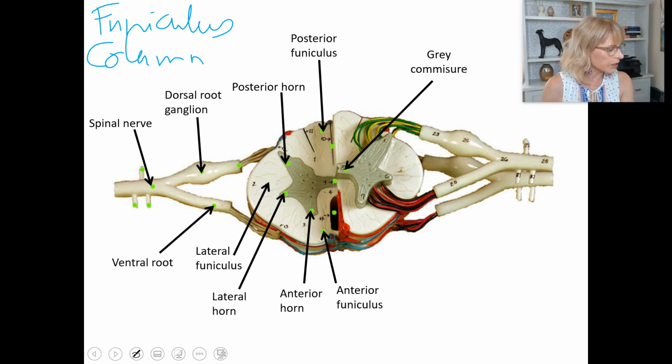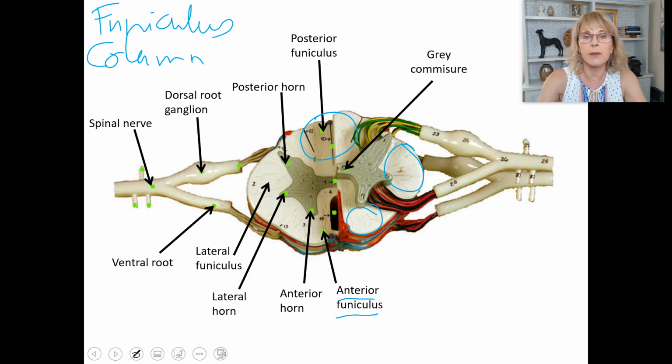So I think it probably is nice to refer to the white matter as posterior column, lateral column, anterior column. But if you like the word funiculus, funiculi, then yes, go ahead and use it. It says right there on page 85, posterior funiculus, also called column.